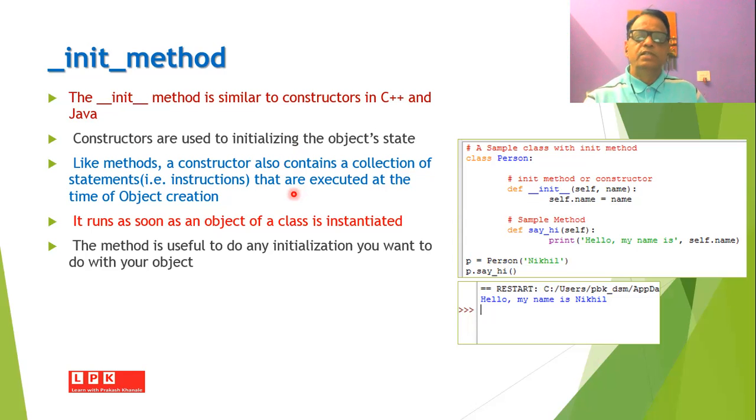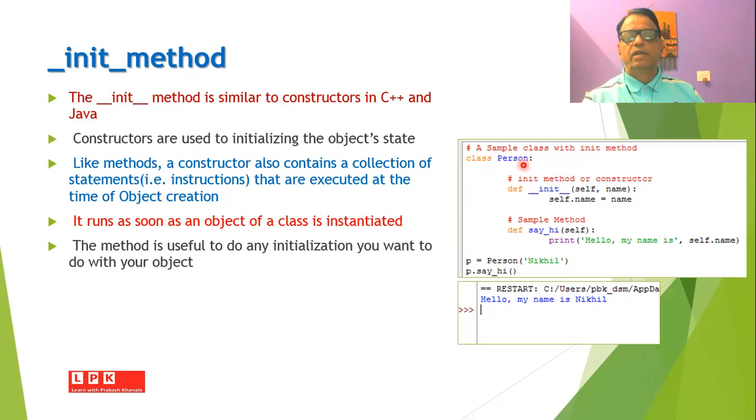So whenever the object is created, the associated constructor also gets executed. It runs as soon as the object of a class is instantiated. The method is useful to do any initialization you want with your object, and it is called a constructor, or the init method, in Python.